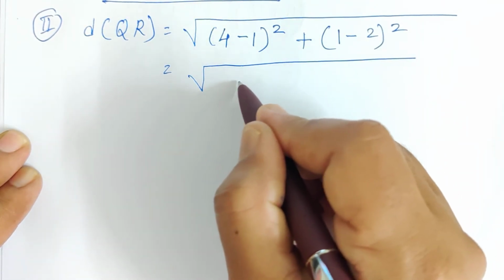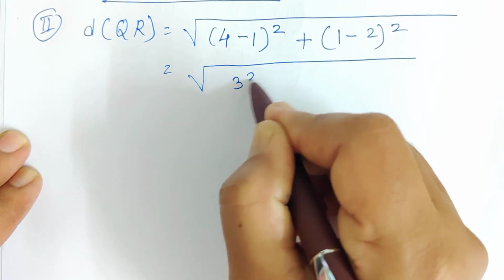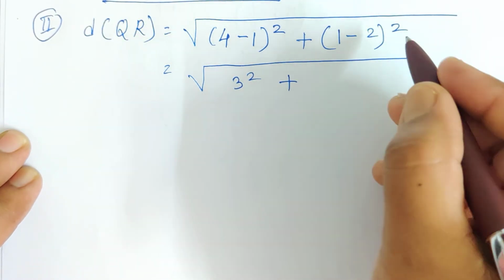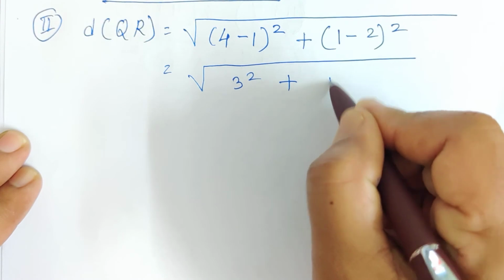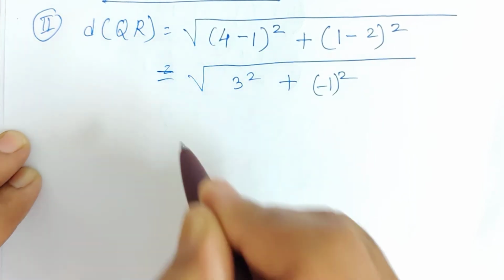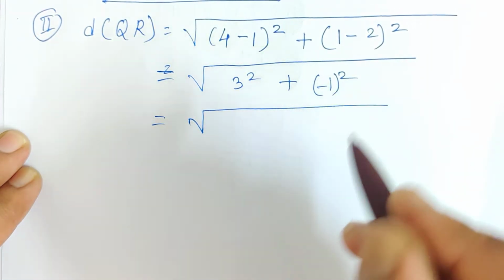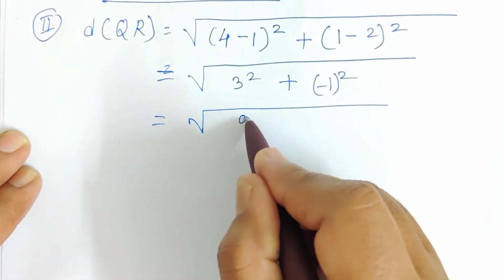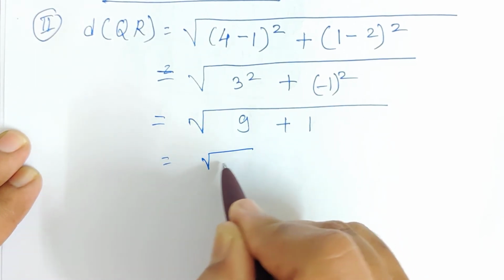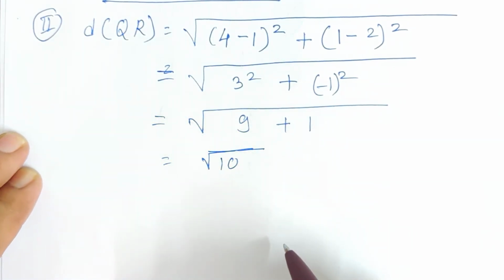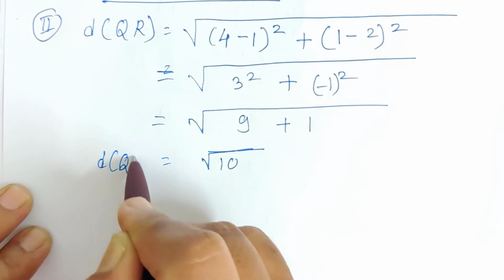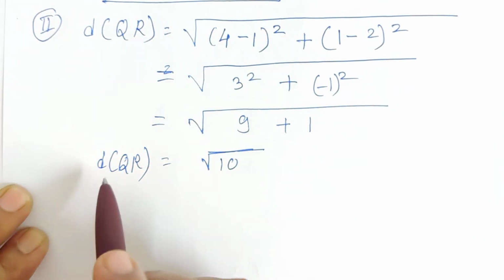So 4 minus 1 is equal to 3 square, plus here 1 minus 2. If you go according to the rules of the sign, you will get minus 1 square. So 3 square is 9 plus minus 1 square is 1. So you got the distance of QR is equal to root 10. This is the second part of the example.